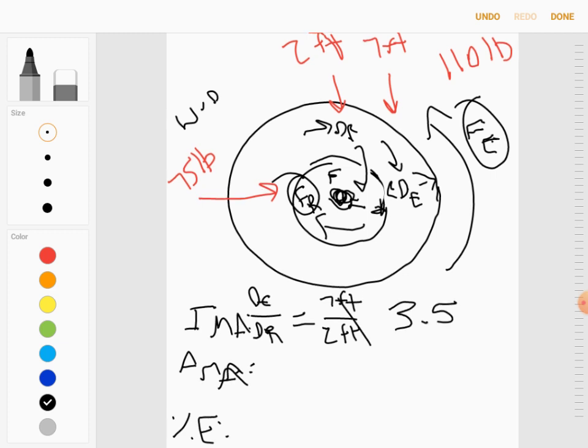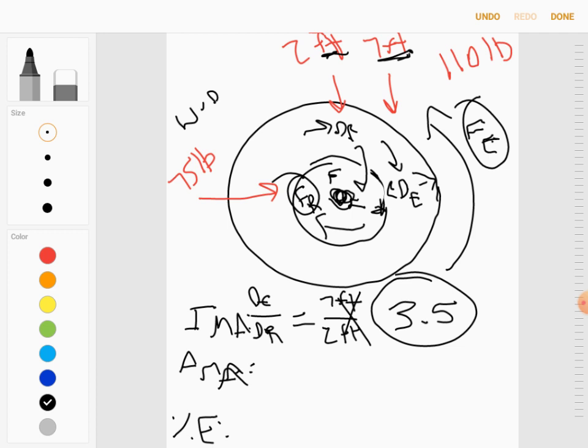Not feet, though, because that cancels out. Lately I haven't had any examples that would require you to have your units, but if you didn't have a certain value and it asked you for it, that's when you'd need it. Like if the d wasn't listed and it said find the d, then you would need feet. You could tell by the other distance that you would need that unit. But it's just 3.5 for that.